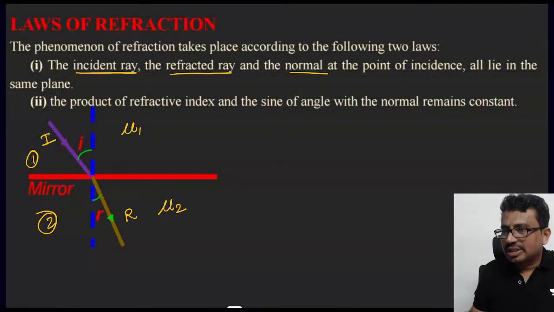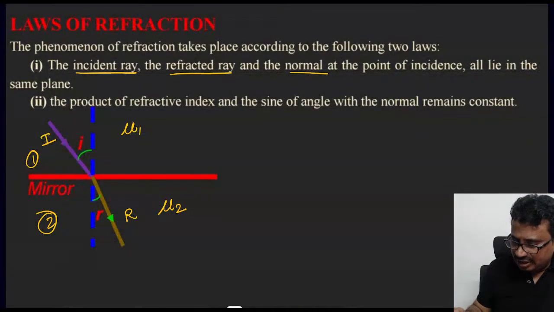What is the second law they are saying here? The product of the refractive index of a medium and the sine of the angle remains constant.